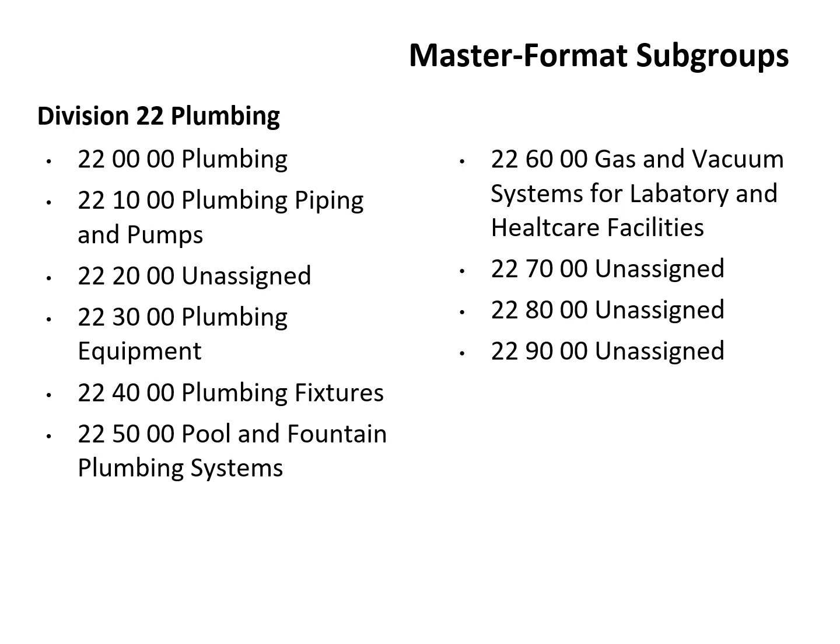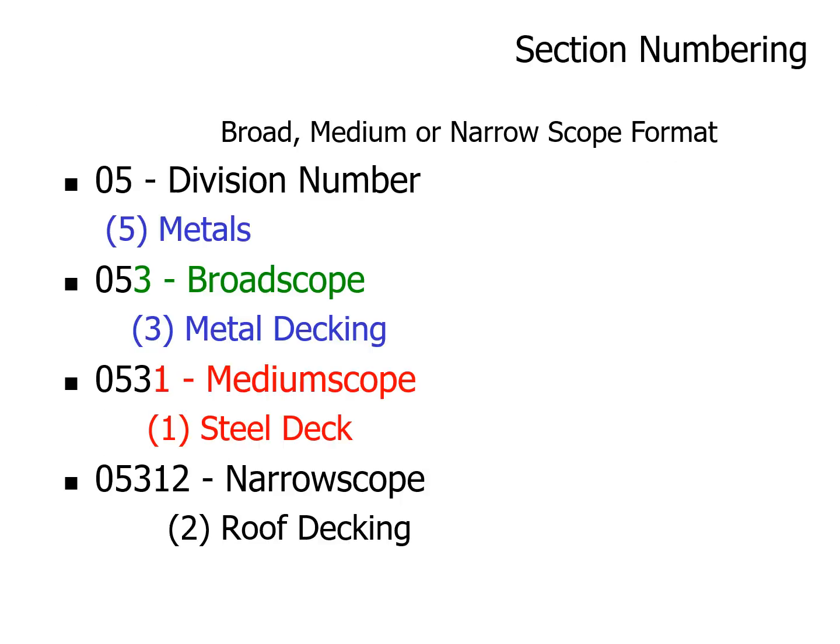You have plumbing is 22, but 2210 is your plumbing and piping, then unassigned, then plumbing equipment, plumbing fixtures, pool and foundation plumbing systems, gas and vacuum systems, and so on. So it breaks it down even farther for us. Okay, so we can put them in these subgroups. All right. So there's the breakdown a little bit.